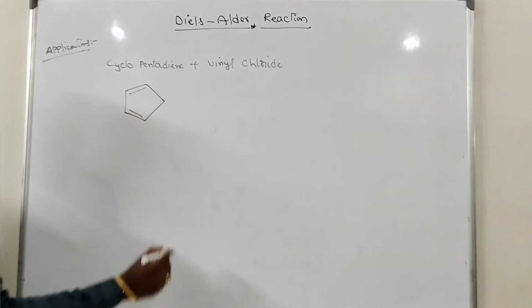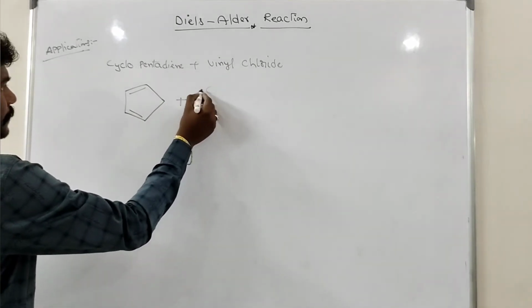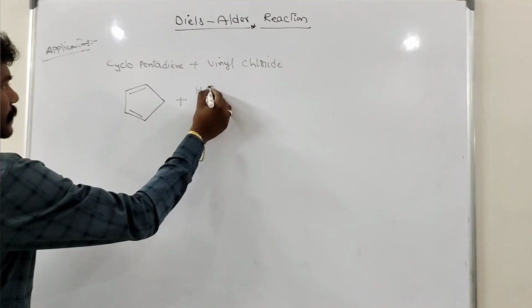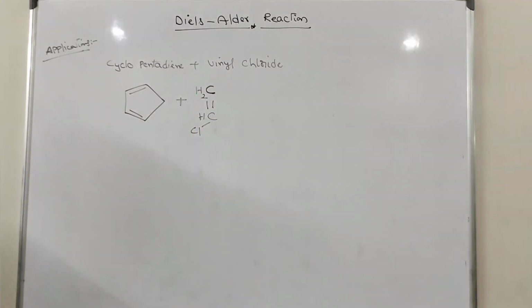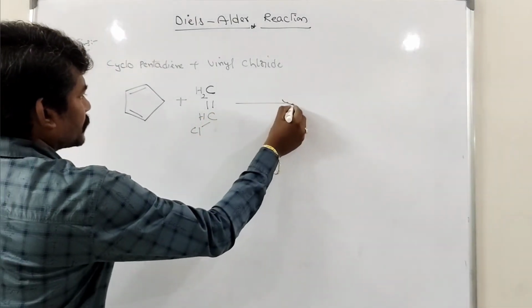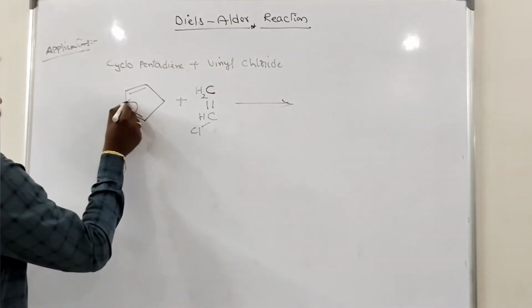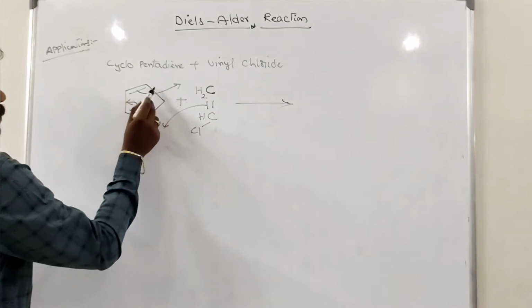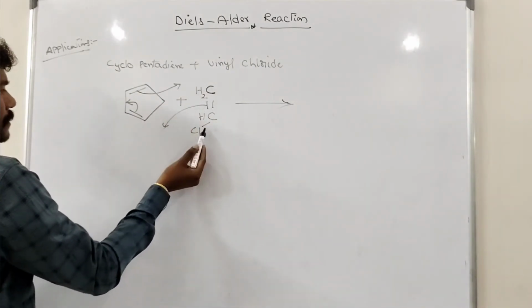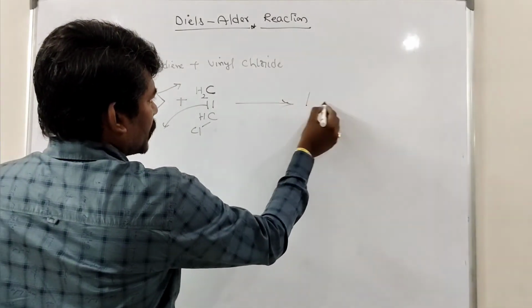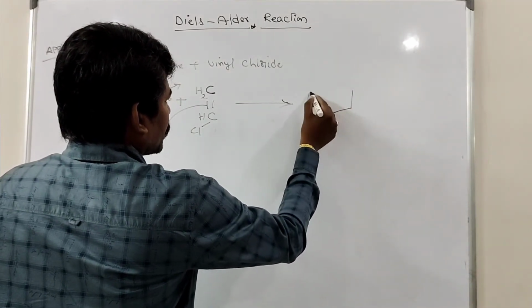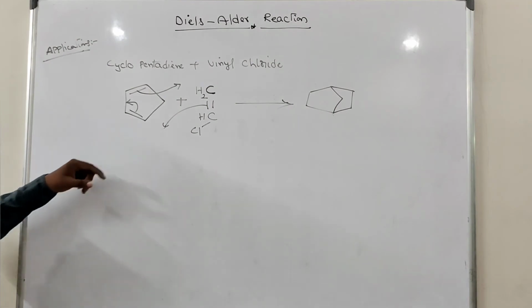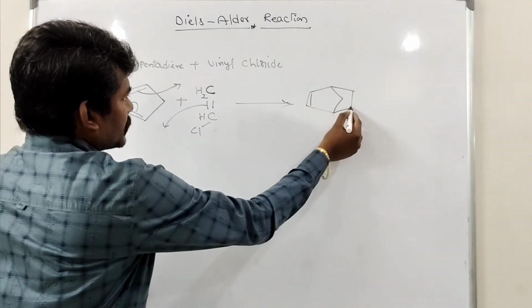This is cyclopentadiene, and vinyl chloride is CH2=CHCl. The pi bond shifts between these two carbon atoms, giving a bicyclic compound with a double bond and Cl.